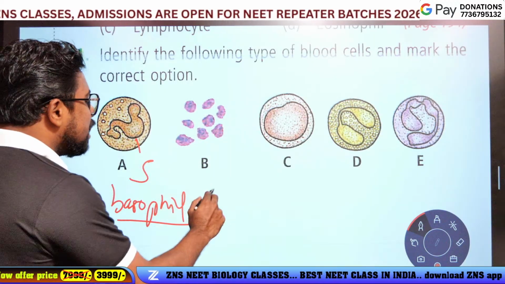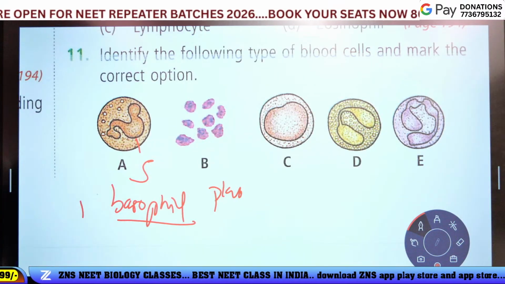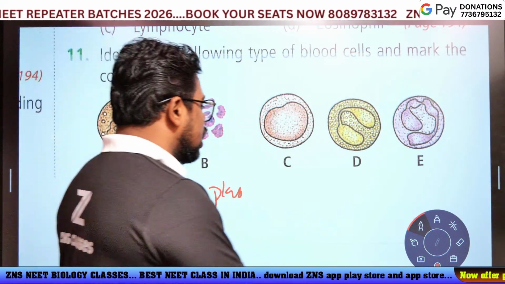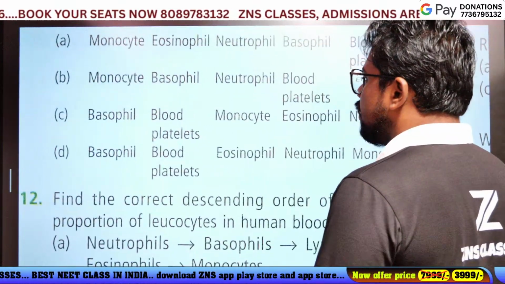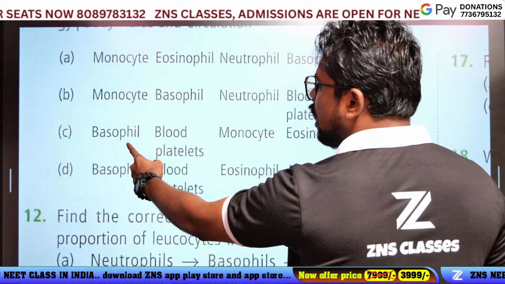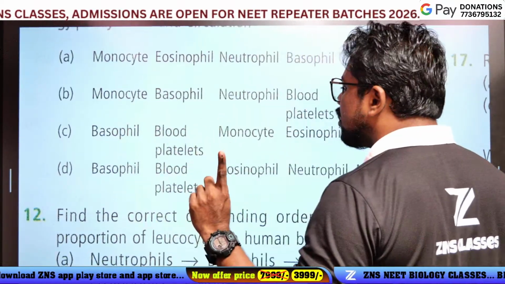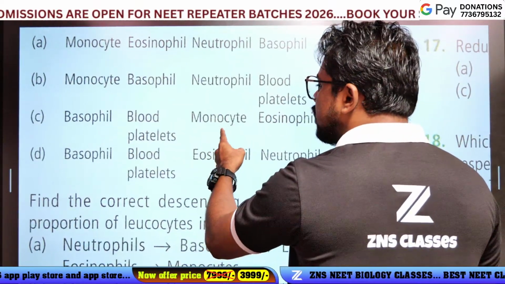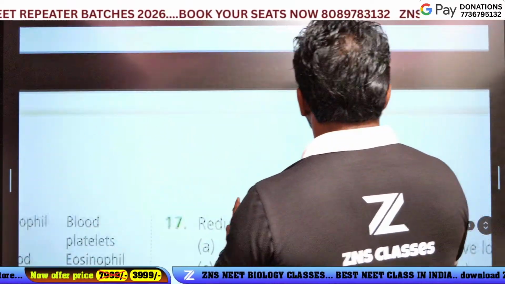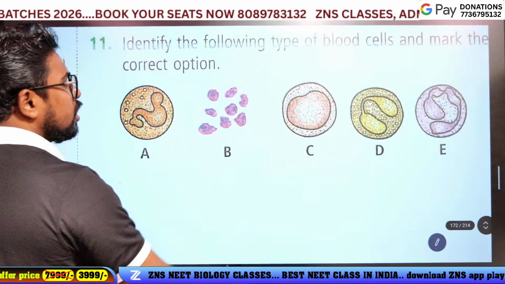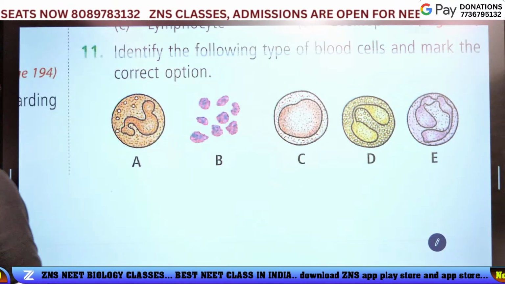B is platelet. Which option is given here? Basophil, blood platelet: option C or D is the answer. The next one, who is that? See the options: monocyte or eosinophil. Any idea?